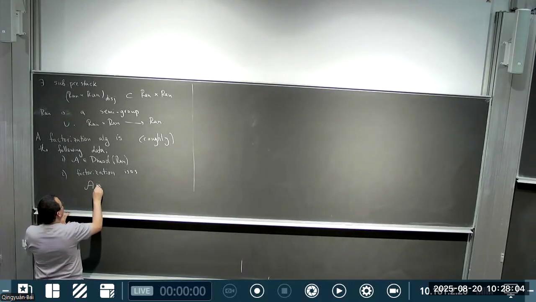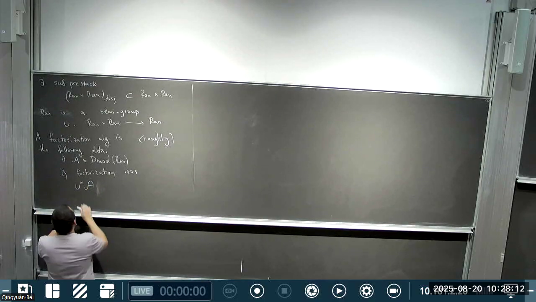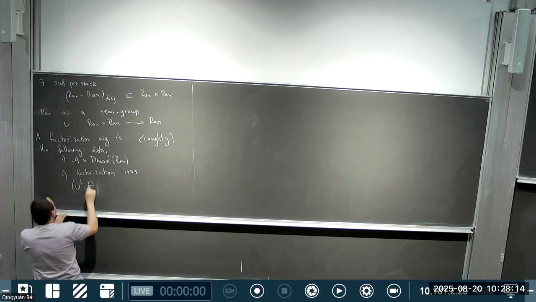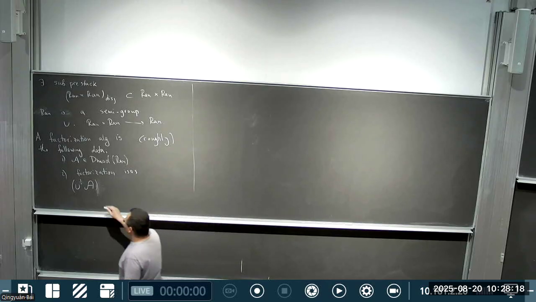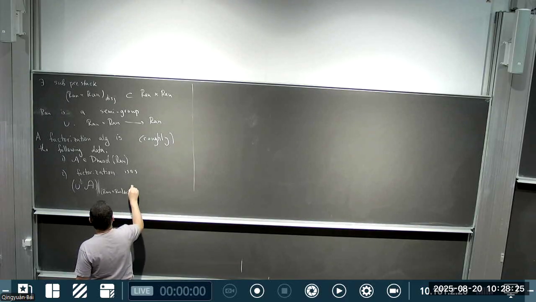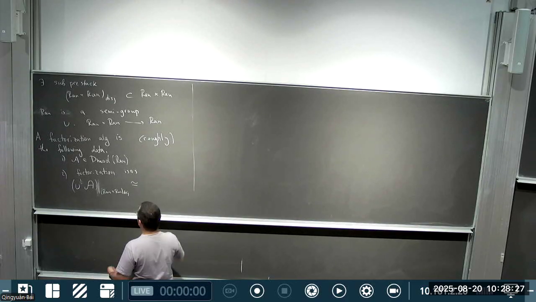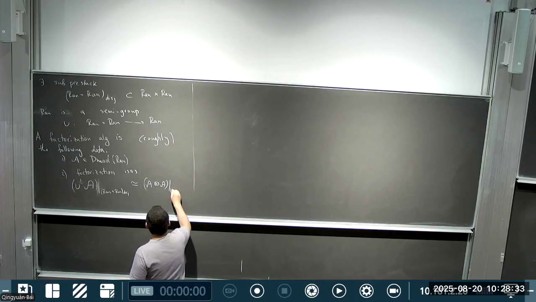It looks like this. If you take the box product and restrict it along this union map, and you restrict it to the disjoint part, you are given the isomorphism with the tensor product, also restricted to the disjoint part.